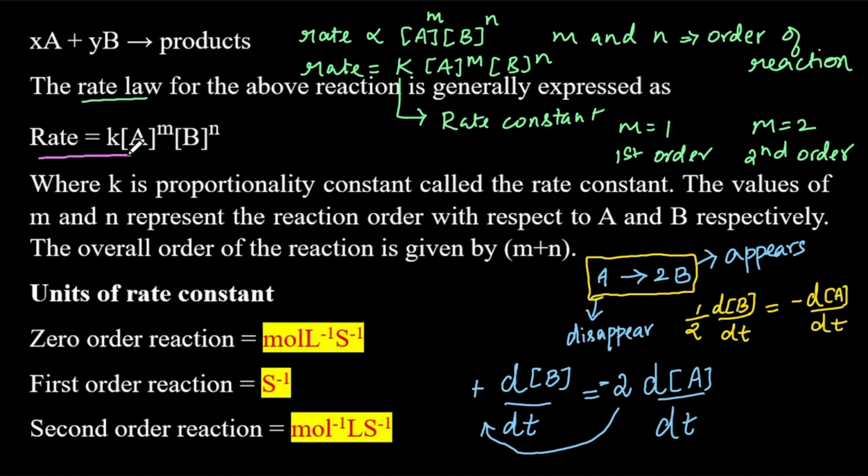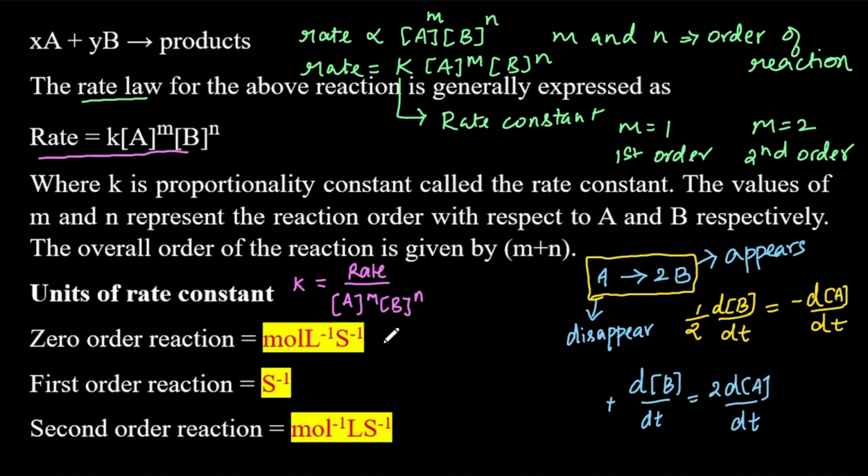If you rearrange this equation for rate constant k, by taking these two terms to the left hand side, k is equal to rate divided by [A]^m [B]^n. We know that rate of a reaction has the formula concentration divided by time, and 1 divided by concentration of A and concentration of B is given.